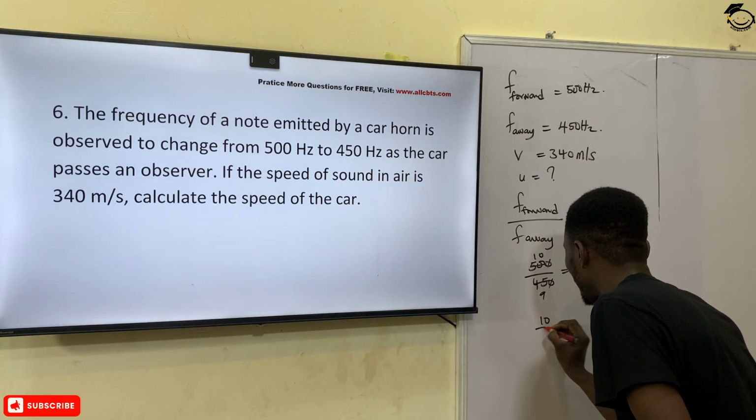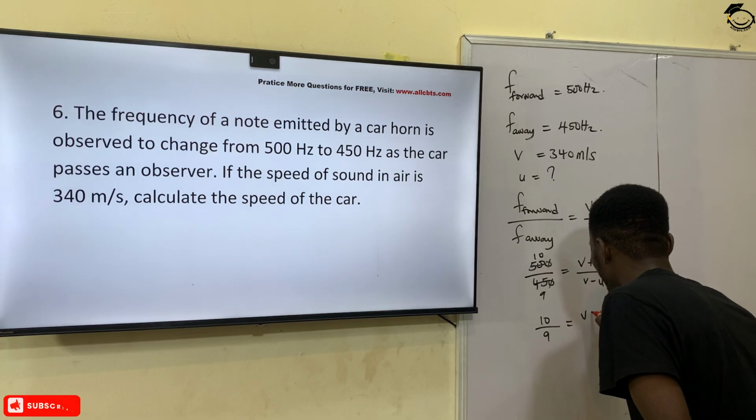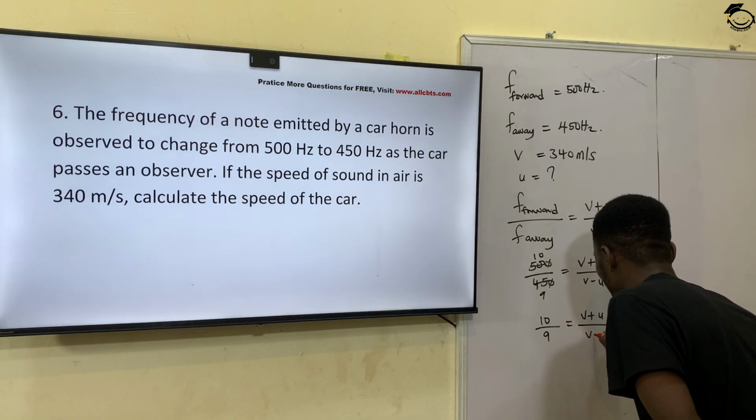So I'll have 10 over 9 equal to V plus U over V minus U.